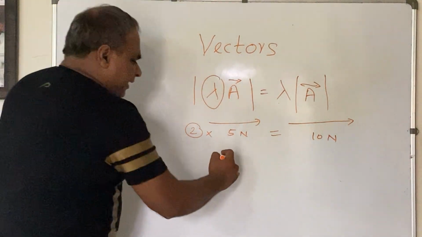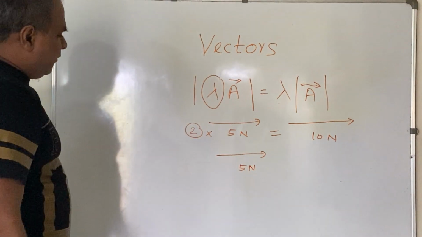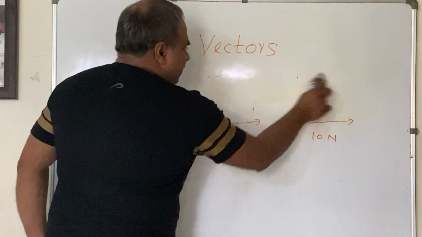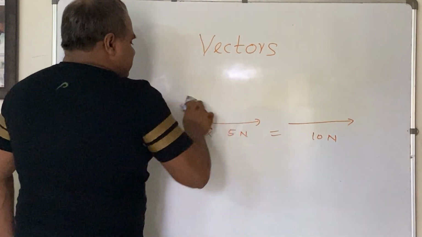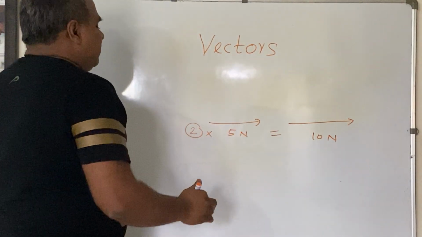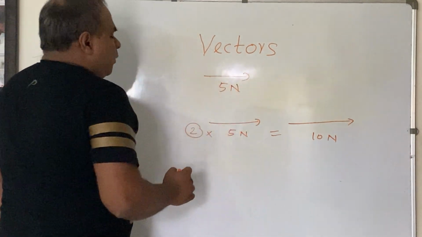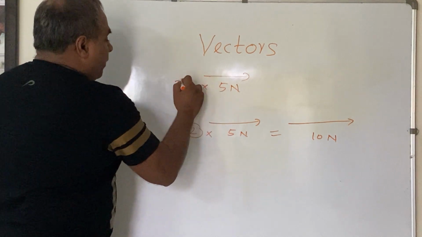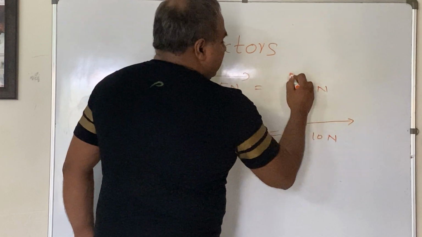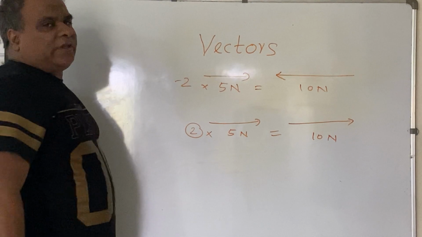If you are multiplying this 5 Newton with minus 2, this is the practical example. Then again you will get 10 Newton, but the direction will be reversed because of the negative sign.